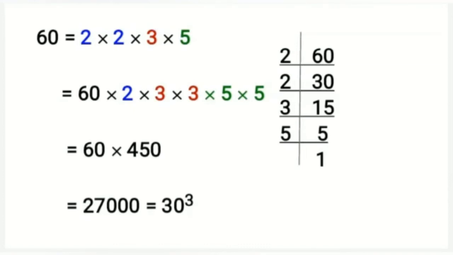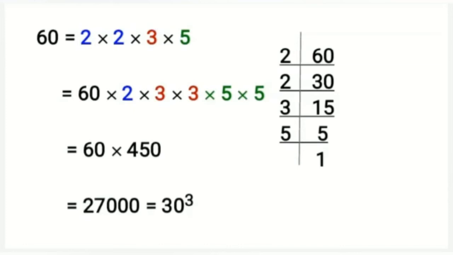So I have to multiply 60 into 2 into 3 into 3 into 5 into 5. When I multiply 2 into 3 into 3 into 5 into 5, I will get 450. The smallest number I have to multiply with 60 is 450 to make it a cube.